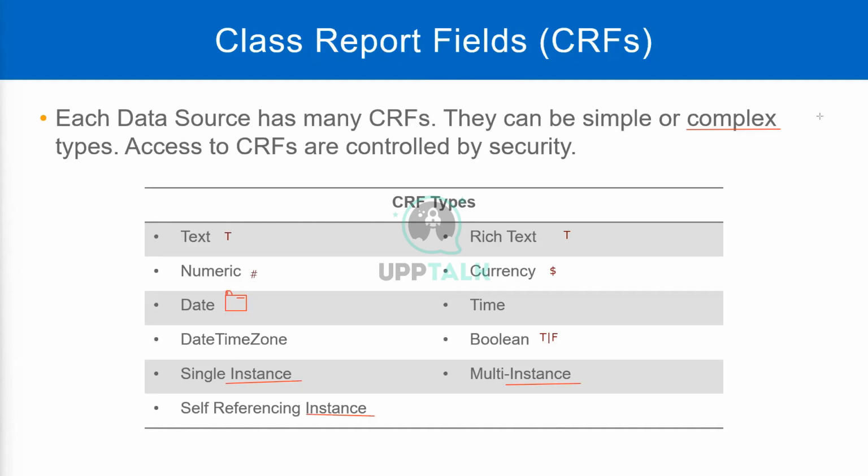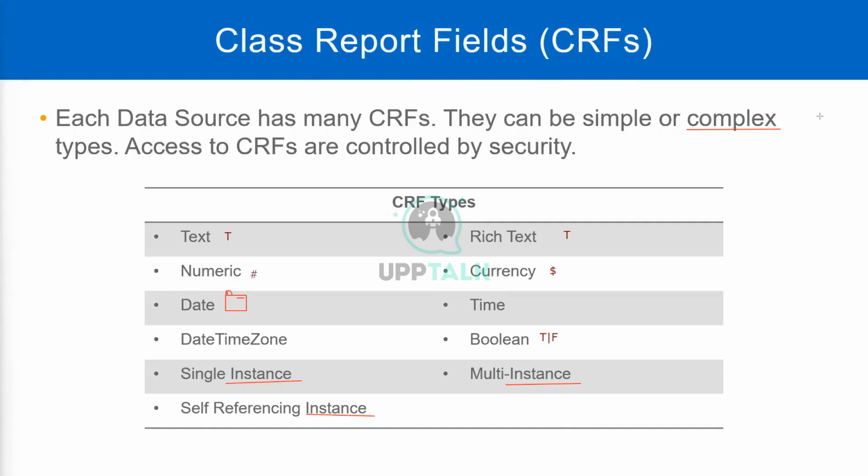But think about this one: the immediate superior organization of a supervisory organization. Would that be single instance or multi-instance? It's a single instance, because a supervisory organization can have only one superior organization. So that will be a single instance field.